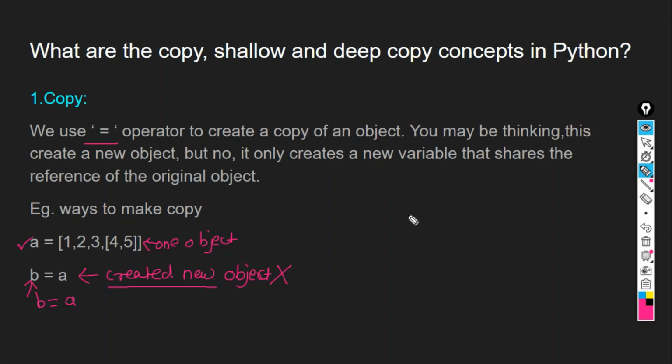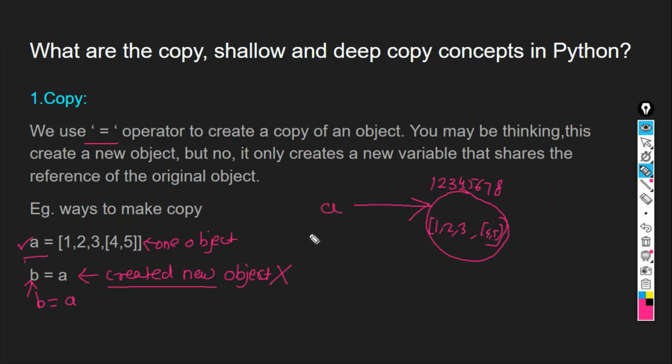What is going to happen internally? For example, this is your list, stored at some memory location, 1 2 3 4 5. For example, the address of this memory location is 1 2 3 4 5 6 7 8. Currently a is pointing to this location.